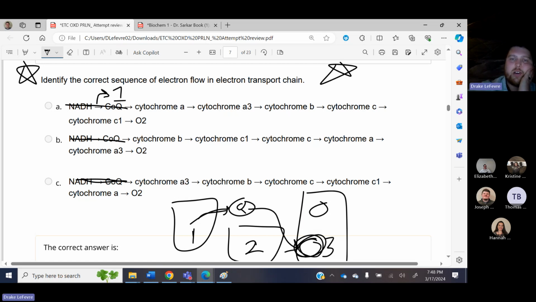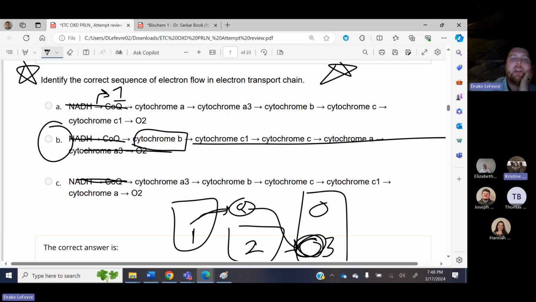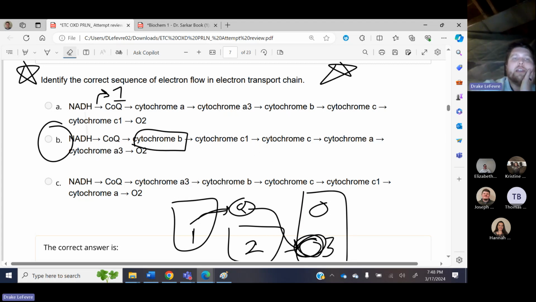What's our first little circle in complex 3? B. Cytochrome B. Bam, B's our answer. We don't need to look at the rest of it, unless we had another one that said cytochrome B, then we'd want to look at the rest. That's going to be your approach to these kinds of questions: check the beginning, check the end, and then go from the beginning and down, crossing out and eliminating as you go.